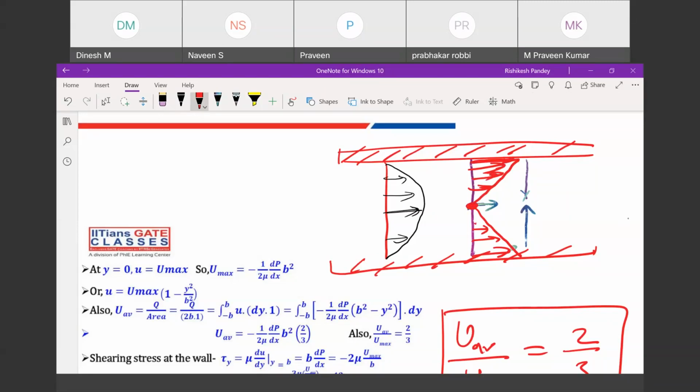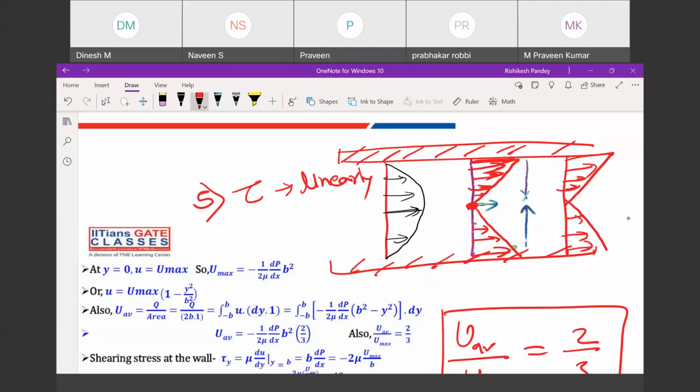Okay. So the fifth point is that shear stress varies linearly, and its profile is this one. Its profile will be something like this, which shows that at both the walls the shear stress is maximum, and at the center shear stress is 0.